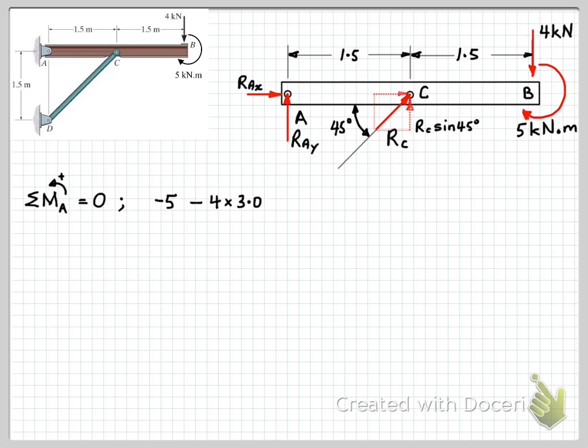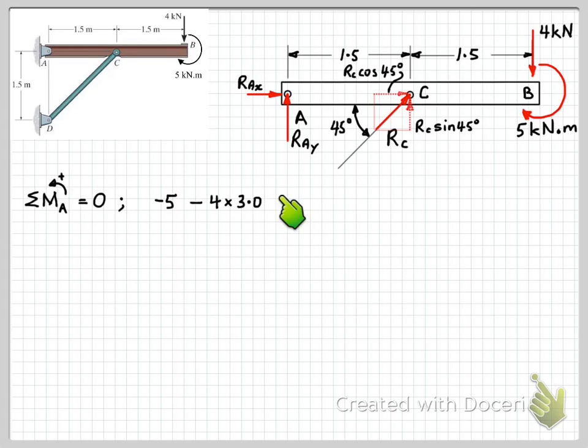So if you imagine your little right angle triangle, and here's our triangle here, and the length of this side of the triangle is the same as the length of that component, and this is our angle here, 45 degrees, so this is the opposite side, so therefore the length of this side will be RC sine 45. And our horizontal component likewise will be RC cos 45 degrees because that's the adjacent side to this angle.